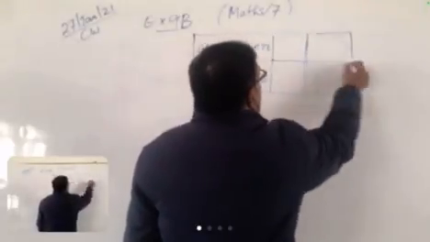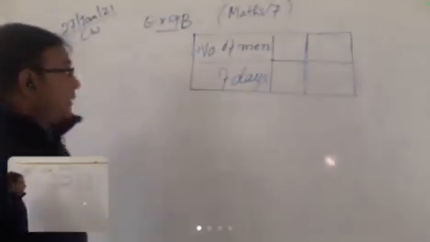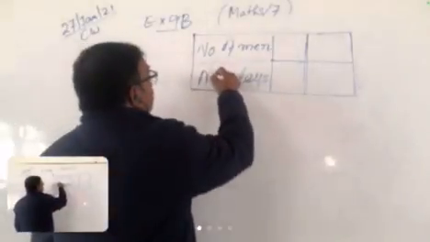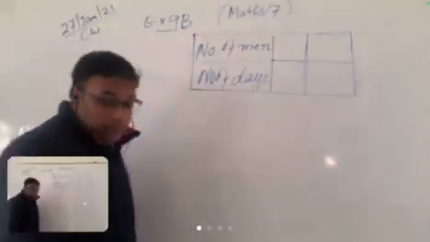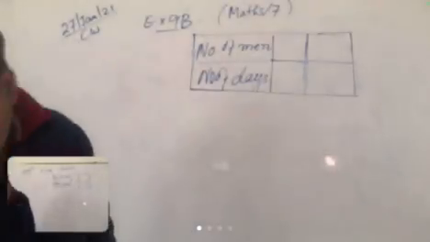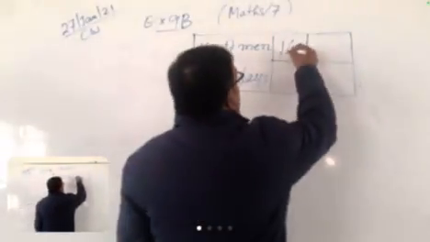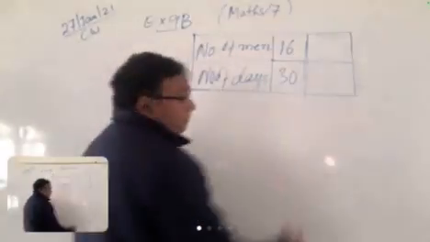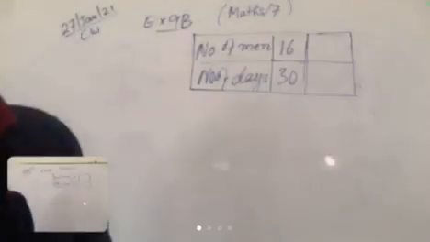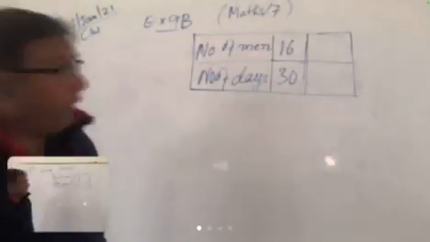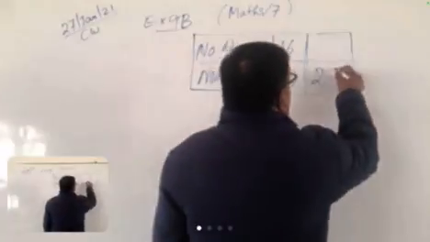Everyone make a table and fill it with number of days and number of men. 16 men can do a piece of work in 30 days. How many men must be engaged to reap the same field if it is done in 24 days?